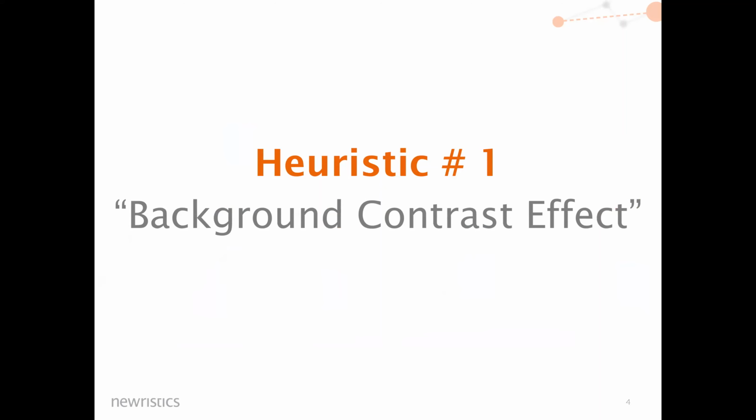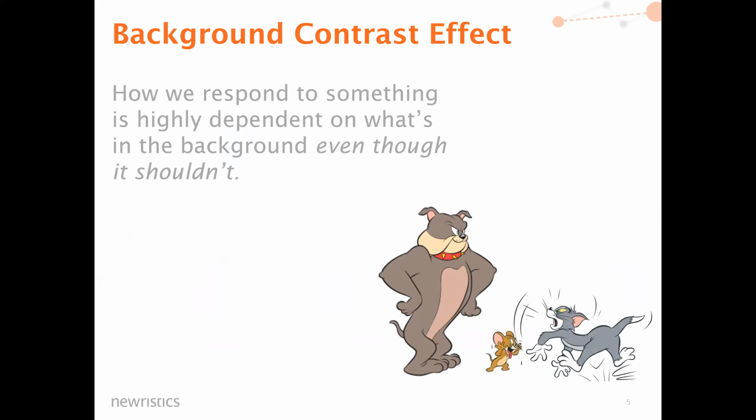So what is background contrast effect? What background contrast effect means is that sometimes how we respond to something in life, it could be a product, it could be a situation, it could be a choice or even a person, is highly dependent on what's in the background.